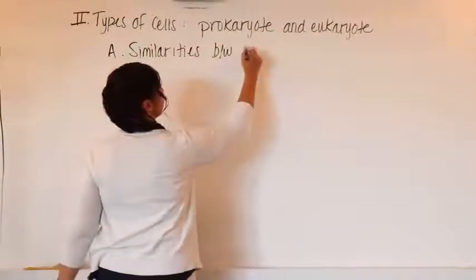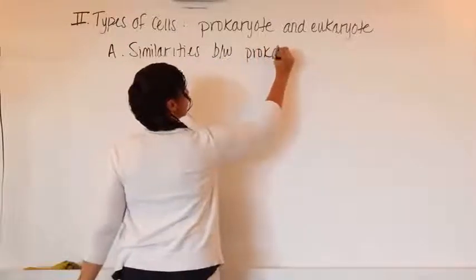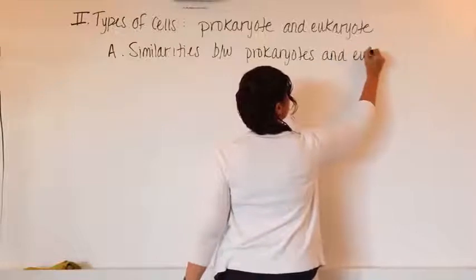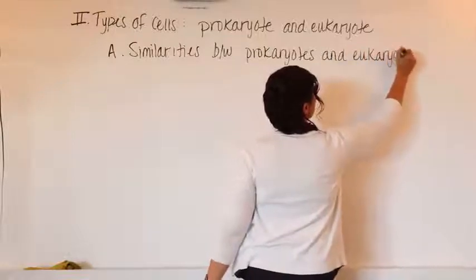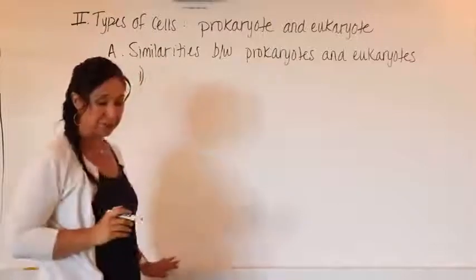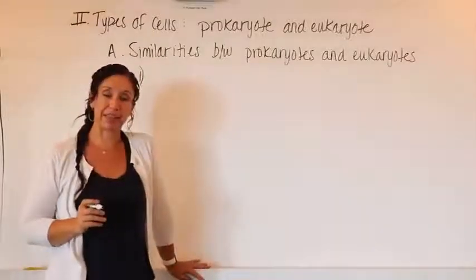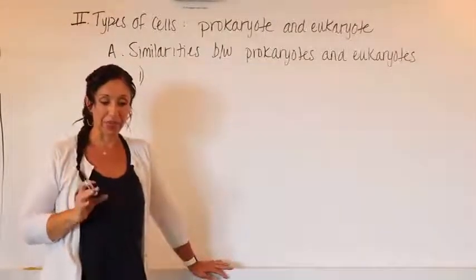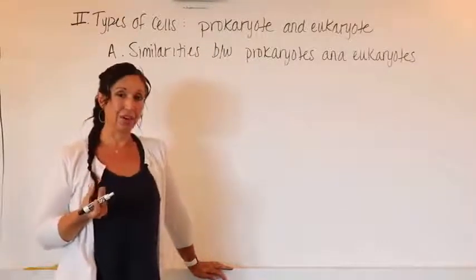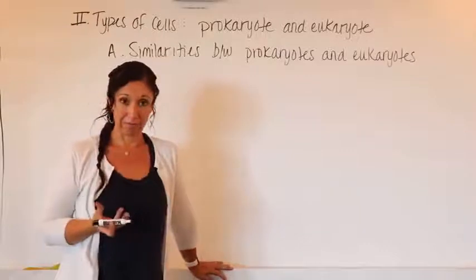Similarities, that's between prokaryotes and eukaryotes. The first main similarity that they have is that both types of cells are filled with what we call this semi-fluid called cytosol.